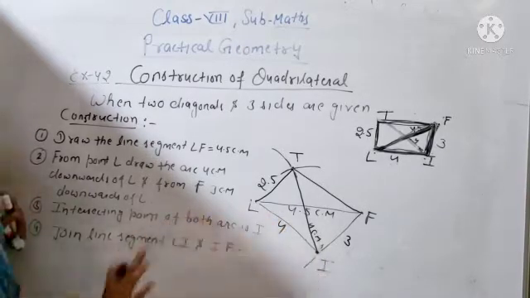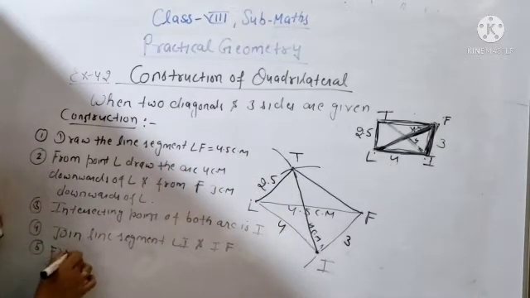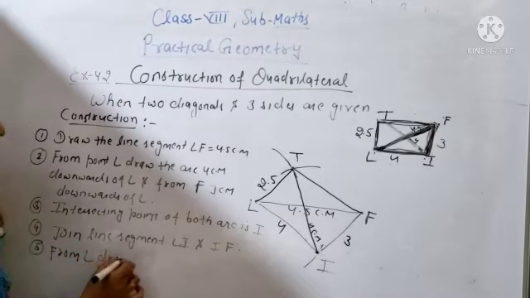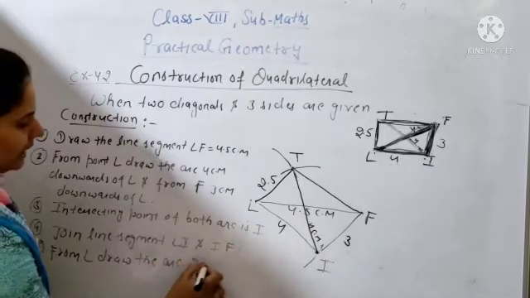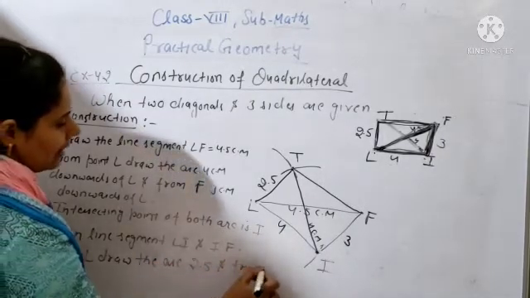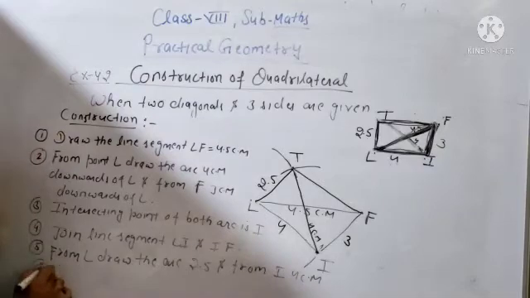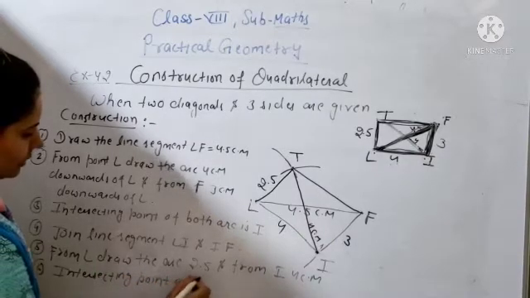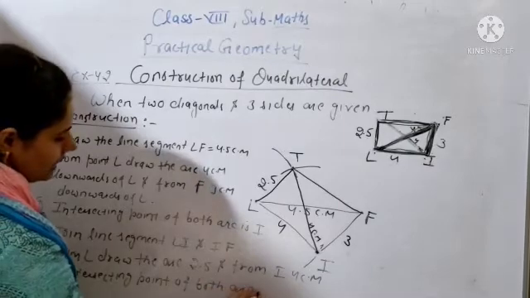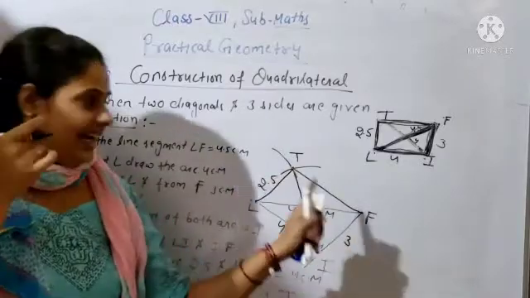Clear? Downwards triangle complete. Now upwards also. From L, draw the arc 2.5 centimeter, and from I 4 centimeter. The intersecting point of both arcs is T. Now the next step, join the line segments LT and IT.